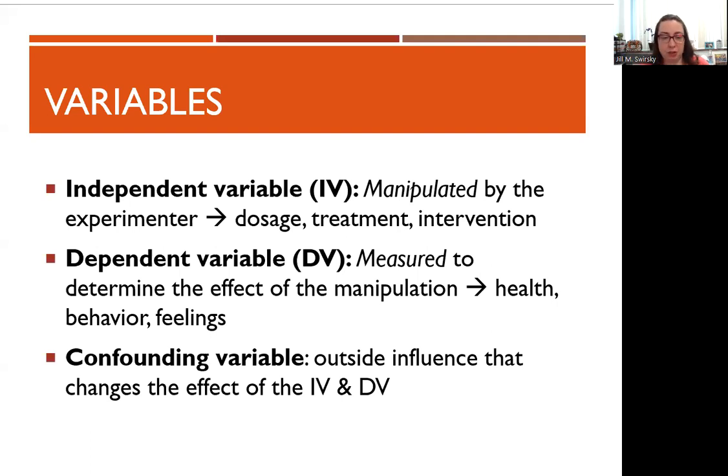I'll say that again because that's really important. You'll hear me ask it a lot. What factors other than the independent variable could impact the dependent variable? In the context of this example, we might say, what factors other than treatment might impact blood pressure?